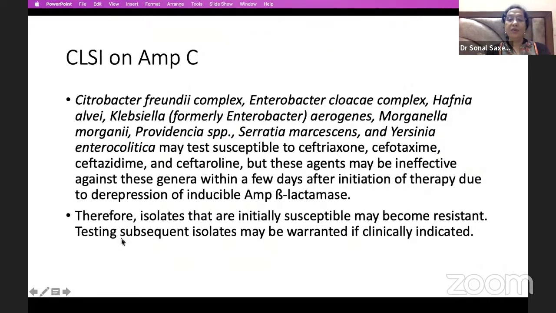What does CLSI say on AmpC? It says that it is these Citrobacter, Enterobacter, Providencia, Serratia, and Yersinia, which may test susceptible to these drugs, but these agents will be ineffective because of derepression of an inducible AmpC beta-lactamase. Therefore, isolates which are even showing susceptible will not be reliable.